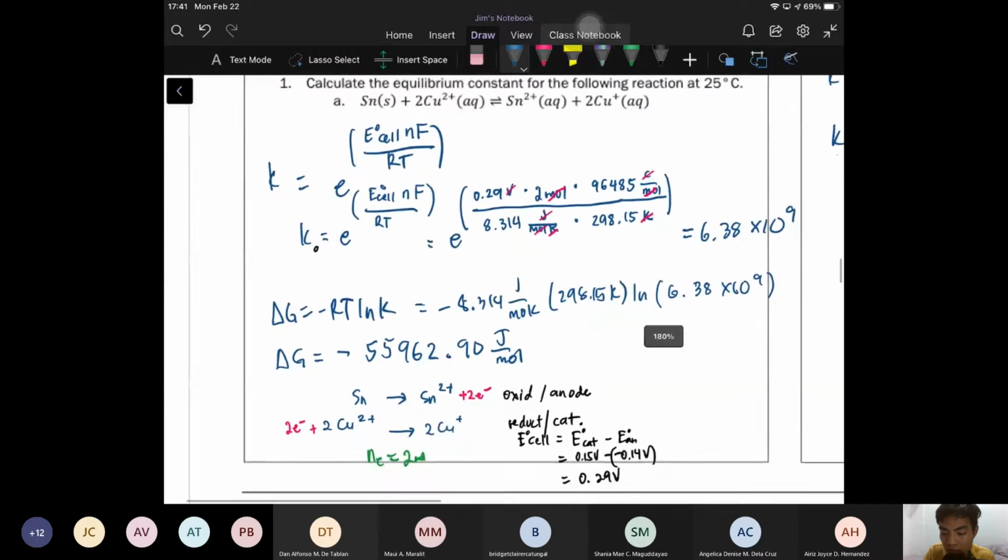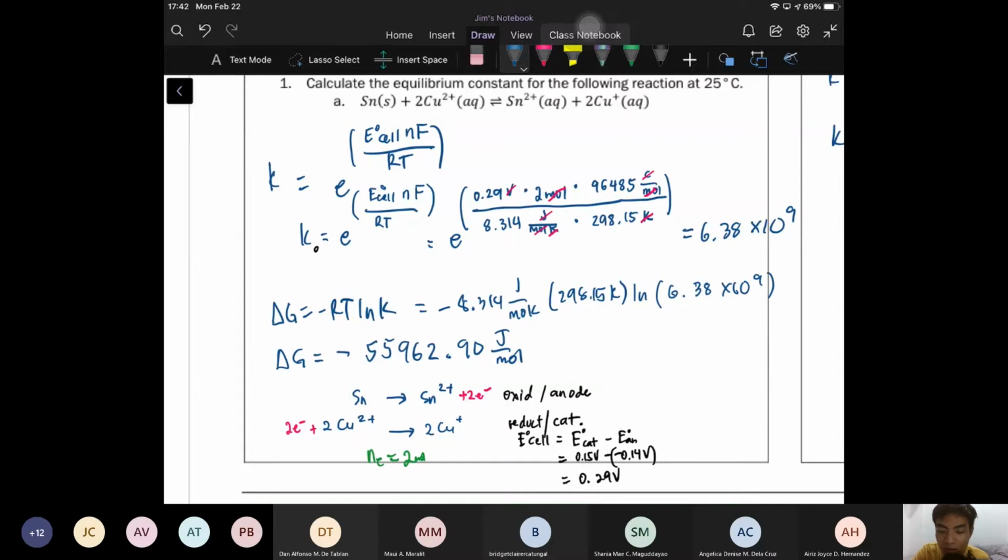So as you can see, pag positive yung E mo, greater than 1 yung K, and at the same time, negative ang delta G. Okay. So kunwari ito positive, ito greater than 1, tapos nakuha mo dito positive, magduda na kayo. Baka nagkamali lang sa sign. Okay. Baka nakalimutan nyo yung negative sign sa harap. So ganun ha. It is always na kapag positive yung E, yung K ay greater than 1 and yung delta G ay negative.